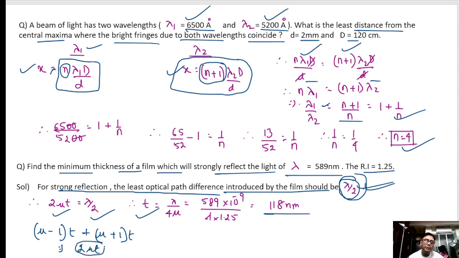This will be the optical path difference. That means minus when the light is falling, plus when the light is reflecting. So light falls here and light reflects here. So this is the total path difference, which should be equal to lambda by 2.